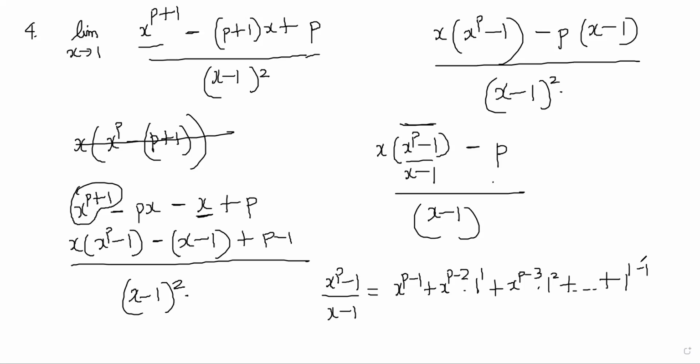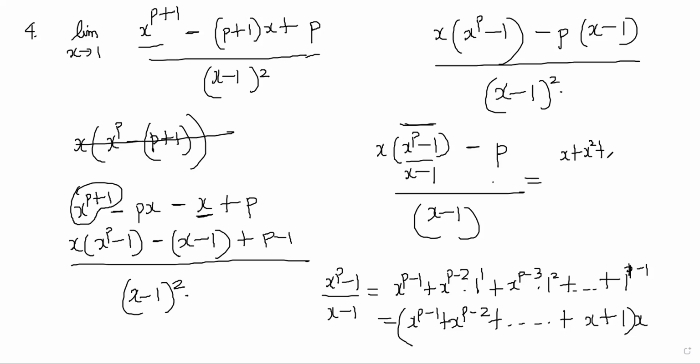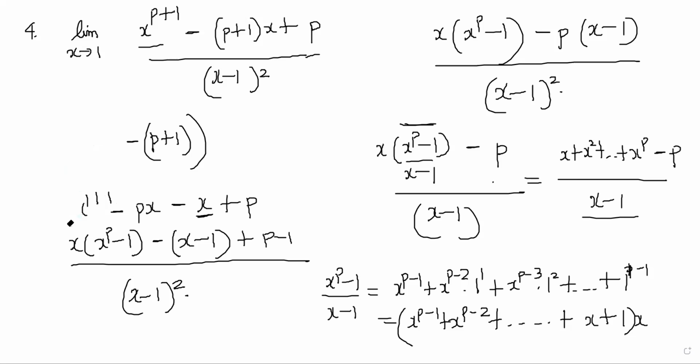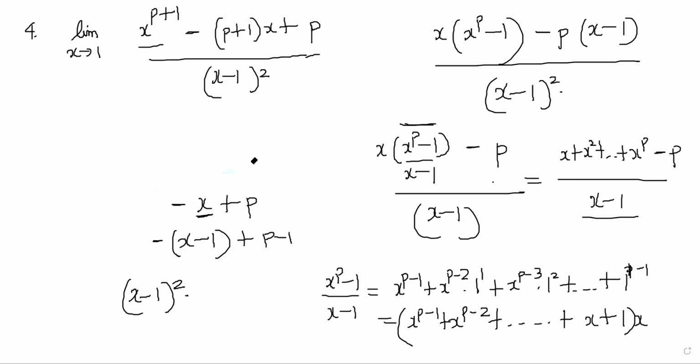So that is simply x^(p-2) plus x^(p-3), so on till x plus 1, right? And multiply that by x, so you get on top x plus x squared till x^(p-1), minus p, by (x minus 1), right? Makes sense. Now notice how many terms are there which have x powers in the numerator? X powers are rising from 1 to p, right?